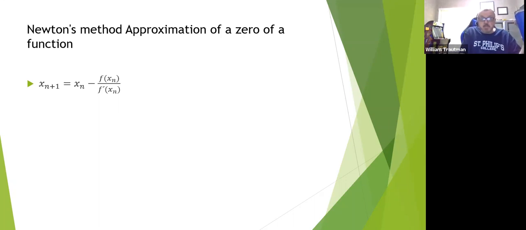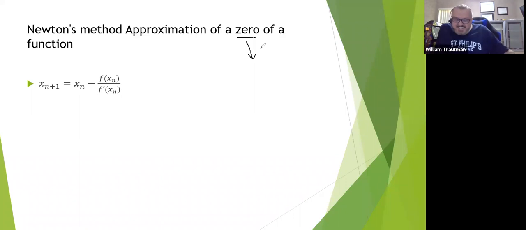If you're going to find a zero, it's good to know what a zero is. Anybody? Come on now. It's not an asymptote. That's a good guess. A root.